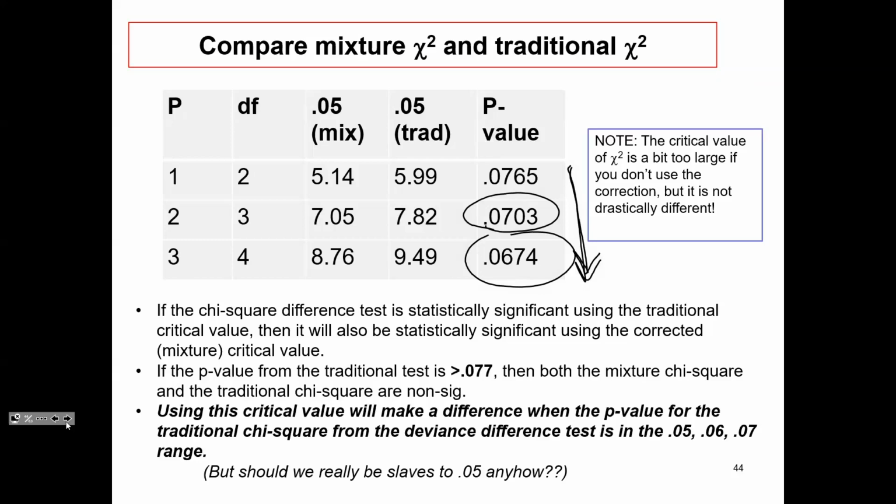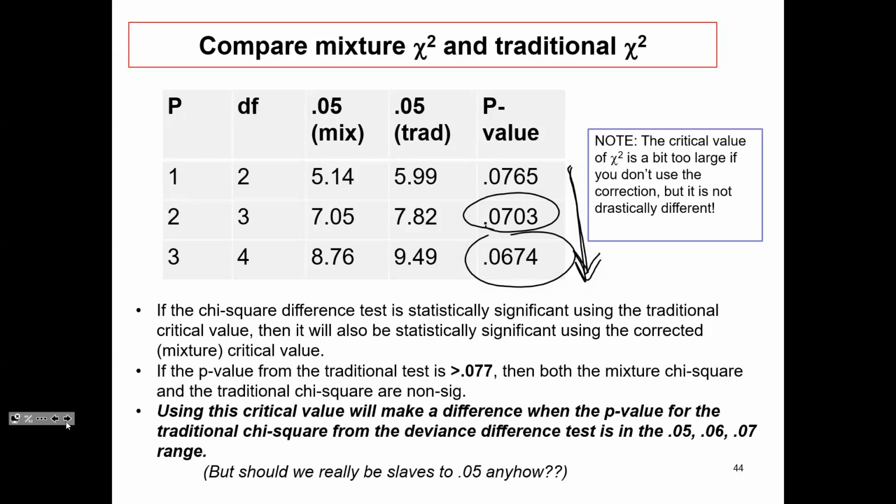And especially if you find yourself between 0.05 and 0.077, I think that in general, 0.05 is a very arbitrary threshold. But if this lecture should convince you of anything, what I'd like it to convince you of is that 0.05 is an even more arbitrary threshold when you're talking about variances, because 0.05 isn't really even 0.05 anymore.